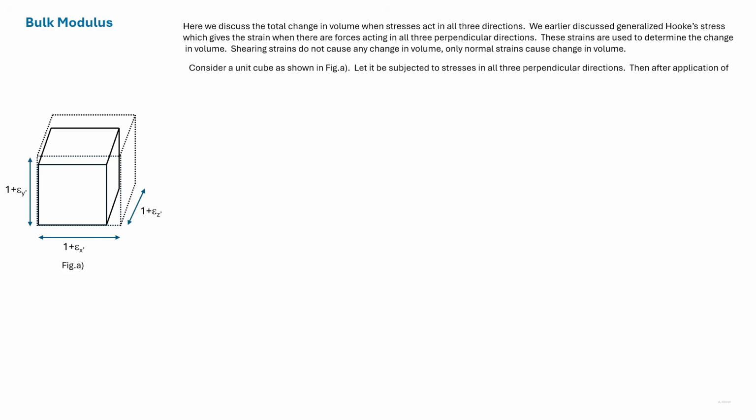To start with, let us consider a unit cube which has been subjected to stresses in all three directions. As we found out earlier, its length will increase in all three directions. So its length in the x direction is 1 plus epsilon x dash. Previously it was 1 since this is a unit cube.